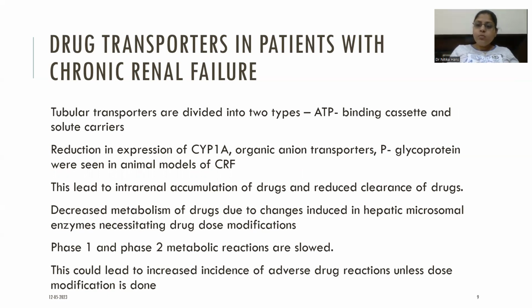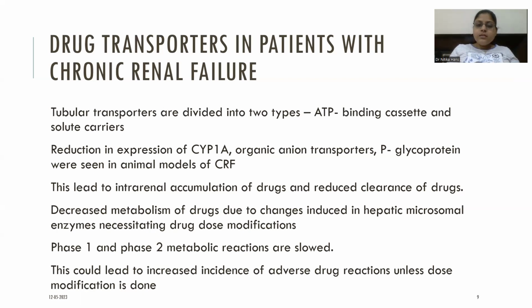So there will be more accumulation of the drugs in the body. Intrarenal accumulation of the drugs will take place, and they will reduce the clearance of the drugs because transporters will not pump the drug from the body into the lumen and the loop of Henle. And so there will be increased accumulation of drug in the kidneys, and clearance will be reduced.